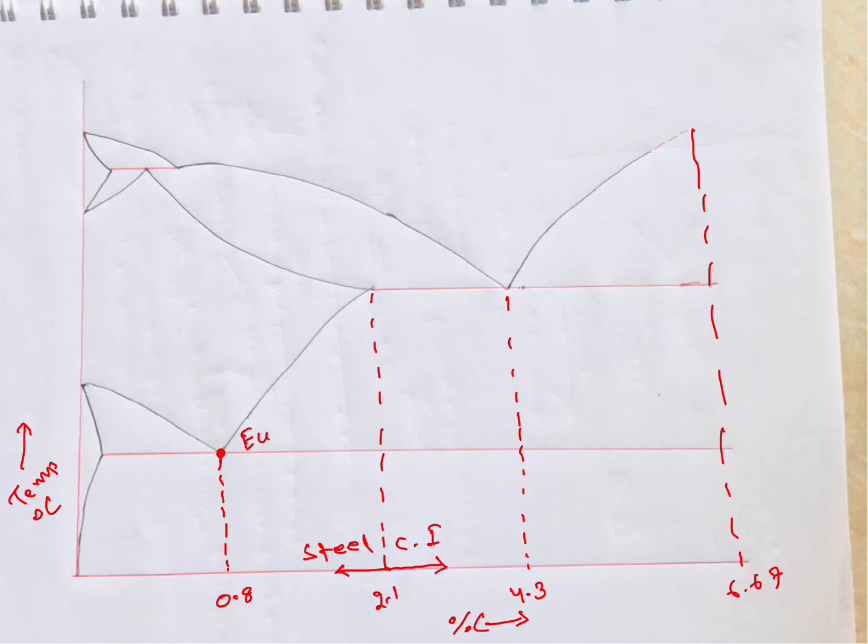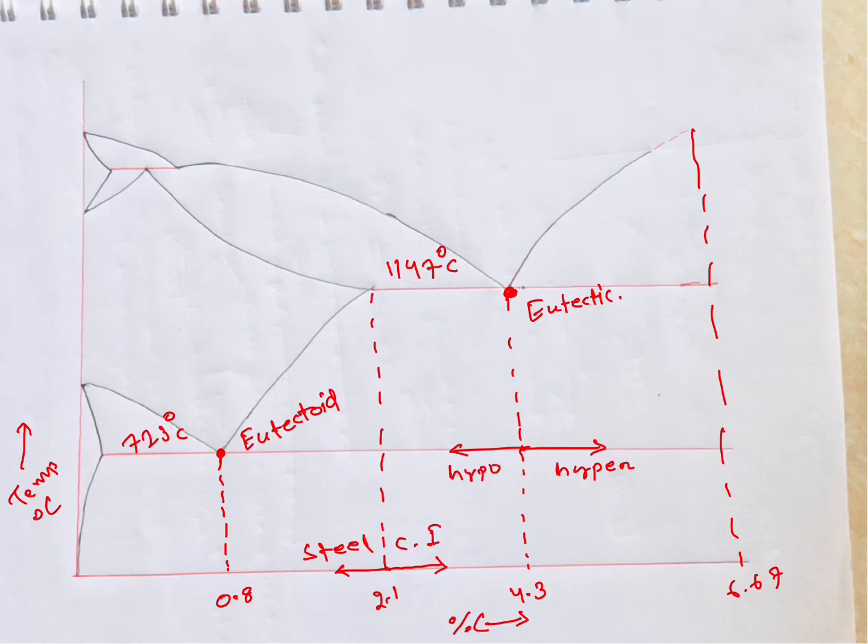Eutectoid point, eutectic point. 723 Celsius, 1147 Celsius. If you go right side of eutectic point, right side you will get hyper, left side you will get hypo.